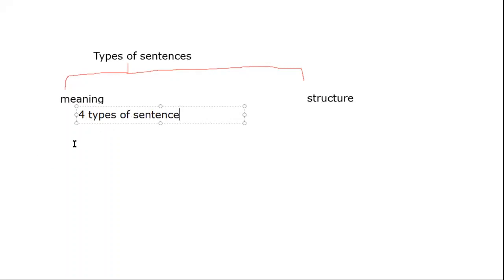What are those four types? The first type is declarative sentence.